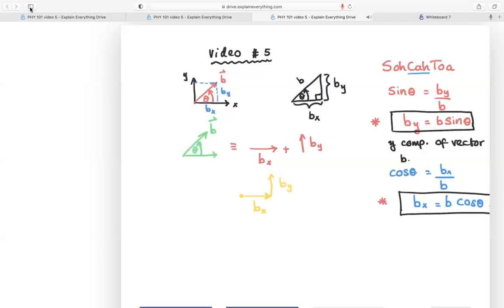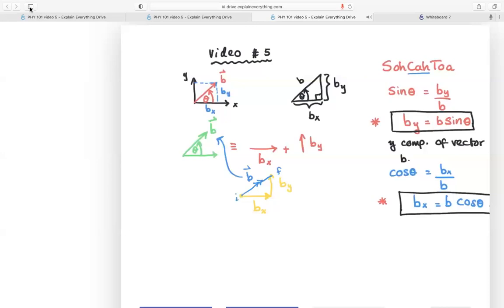So we have added the two, and this is the initial point, this is the final point, and we draw a line like that, and that actually represents the vector B, as shown over here, right? So if you only have these yellow arrows, one along Bx and the other one along the y direction, which is By, then that actually represents the vector B. So that's the basic idea.